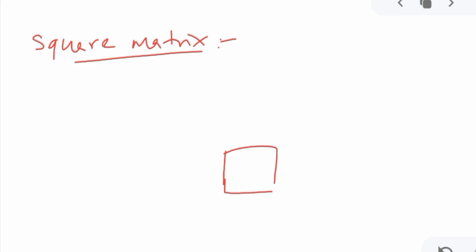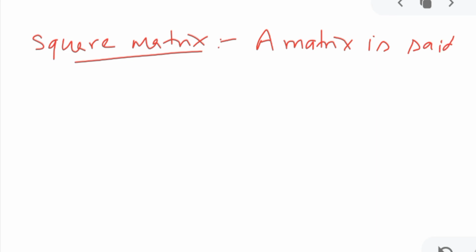Okay, the next definition we'll discuss is the square matrix. A square, you know, means every side is the same. In the same way, we can remember the square matrix: if the number of rows and the number of columns are equal, that is called a square matrix. How will we write it? The language is the same here also.